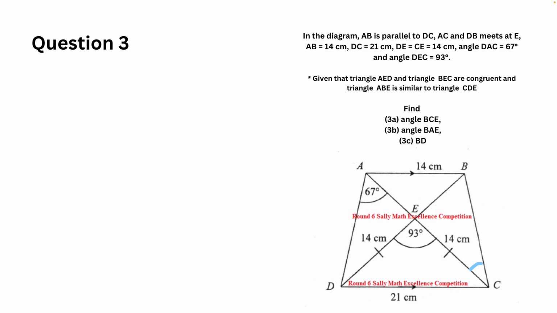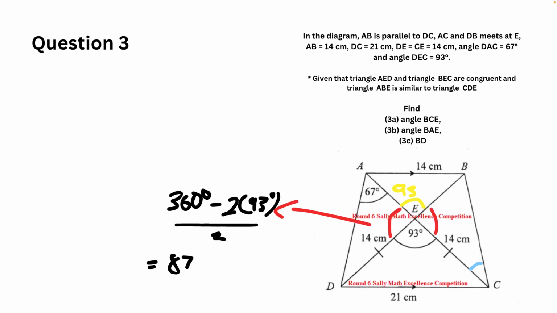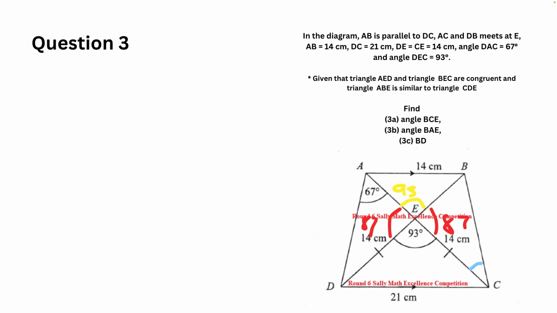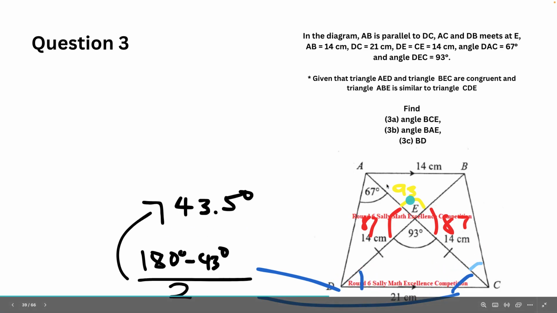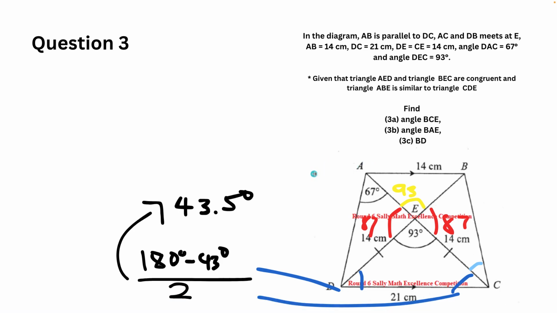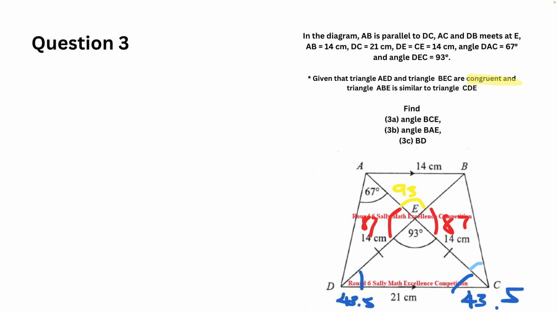So A, first, let's see what we have. So we know that the center is 360 and alternate angle, so that's 93. So 360 minus 93 times 2, divided by 2, is 87. So each of these angles are 87. Secondly, we know that these are isosceles triangles, so these two angles must be the same. So 180 minus 93 divided by 2, you get these two angles, 43.5.